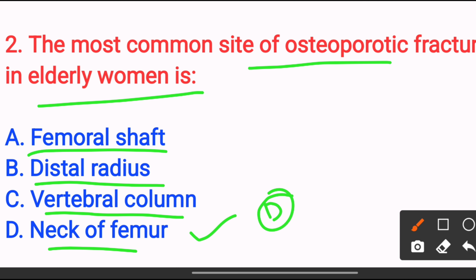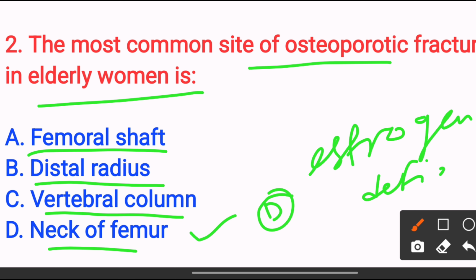Postmenopausal women often experience fracture of the femoral neck due to decreased trabecular bone density and estrogen deficiency. So the answer is option D.